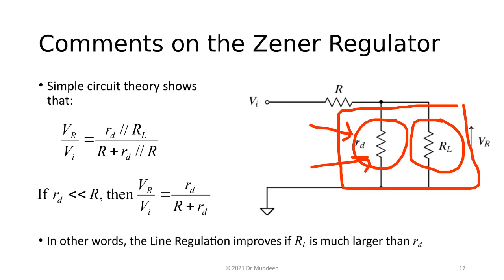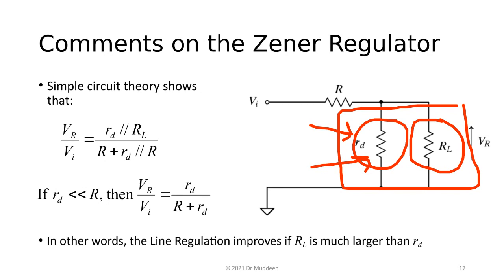All right? So first off, if you do the simple circuit theory, you see that the output voltage VR over the input voltage Vin is a simple voltage divider. RD in parallel with RL, so the voltage VR will be divided according to RD in parallel with RL over R plus RD in parallel with RL.